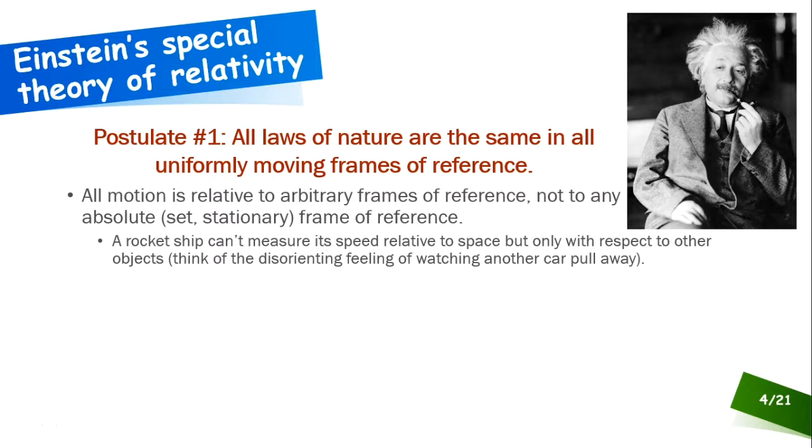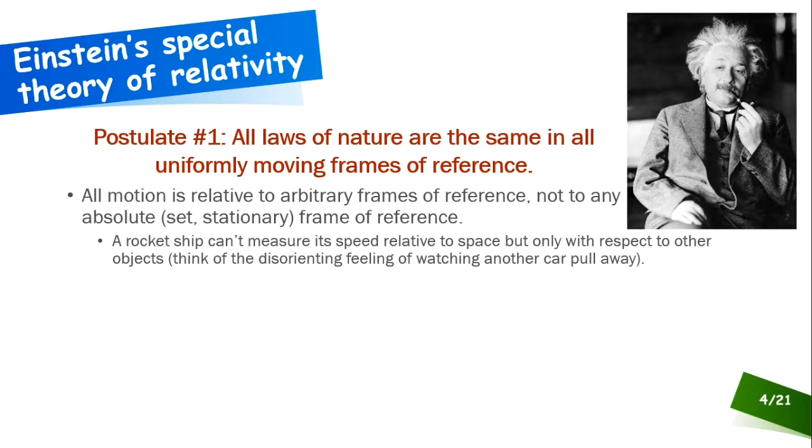If you're in a car and you see another car pull away from you, and you kind of forget about where you are and just focus on the car that's pulling away, you feel a little disoriented. And that's because you can't really measure your speed relative to the space around you. You can only measure it relative to other objects.